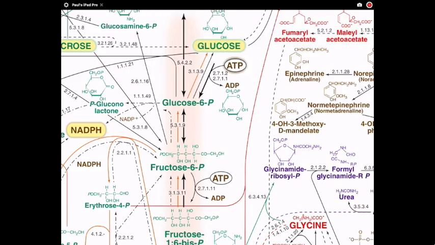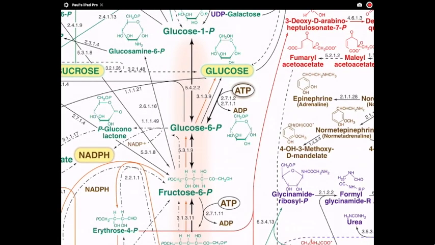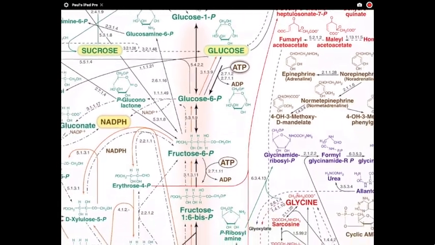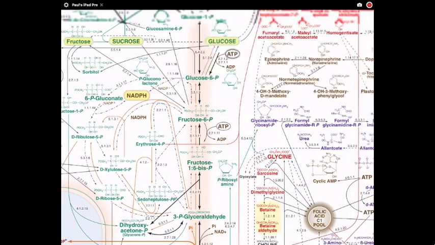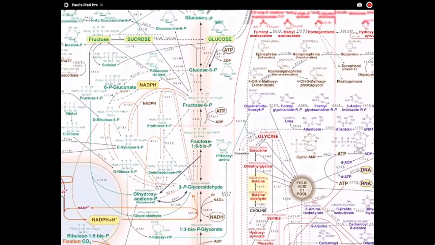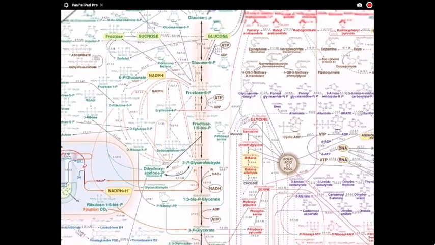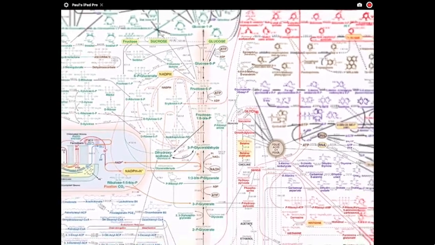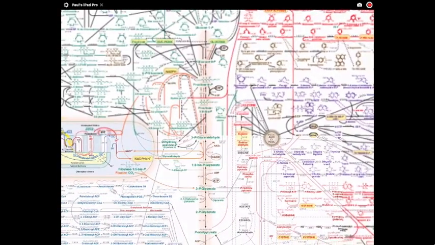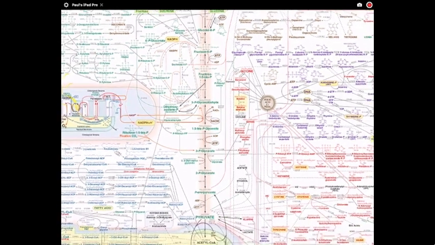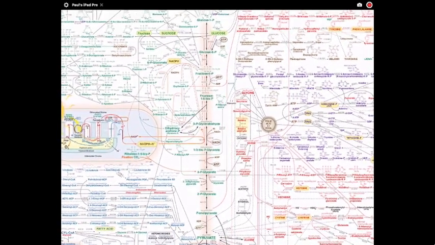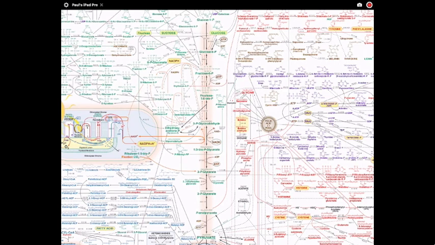Glucose up here at the top, then fructose, glyceraldehyde, 1,3-bisphosphoglycerate, 3-phosphoglycerate, 2-phosphoglycerate, phosphoenolpyruvate down here, and pyruvate. Starting at the top and going to the bottom is glycolysis.